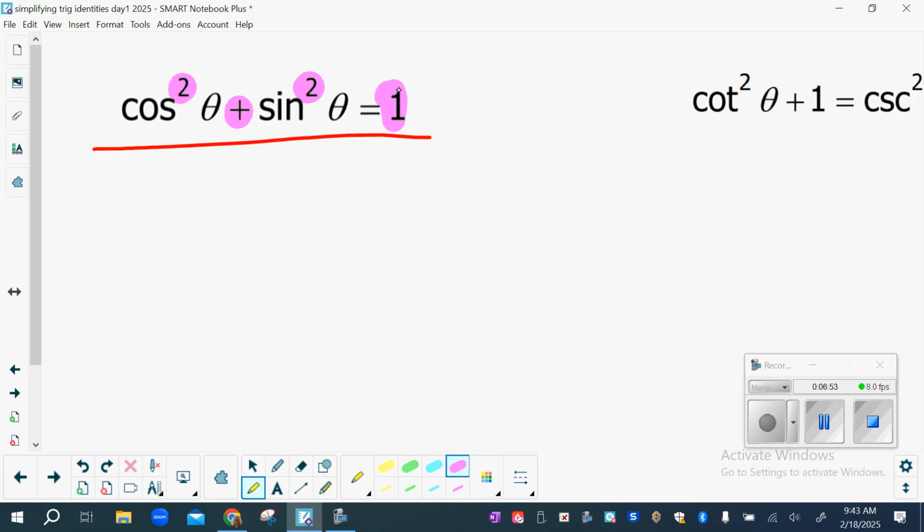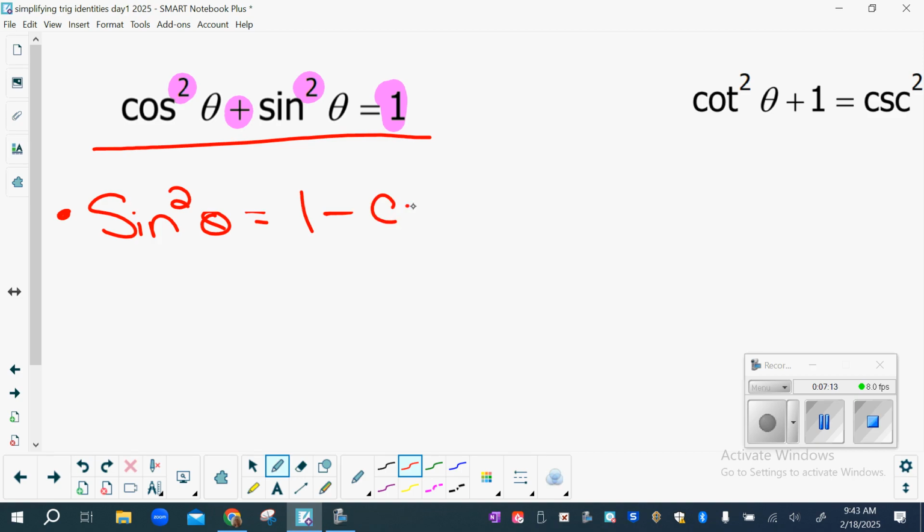Now, this is the basic one, but it's useful in other ways as well. Here's another way it's useful. Watch this. I am going to move cosine over there. So sine squared theta equals 1 minus cosine squared theta.